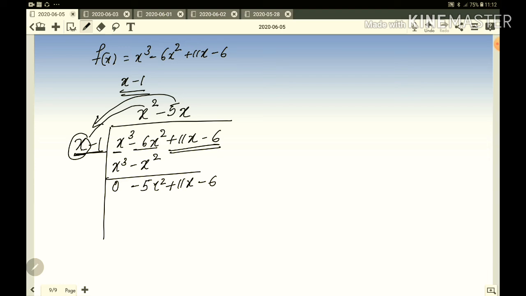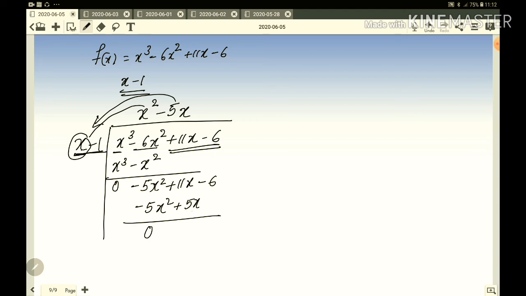Minus 5x times x is minus 5x square. Then minus 5x times minus 1 is plus 5x. Clear? Then subtract it. This will give you 0.